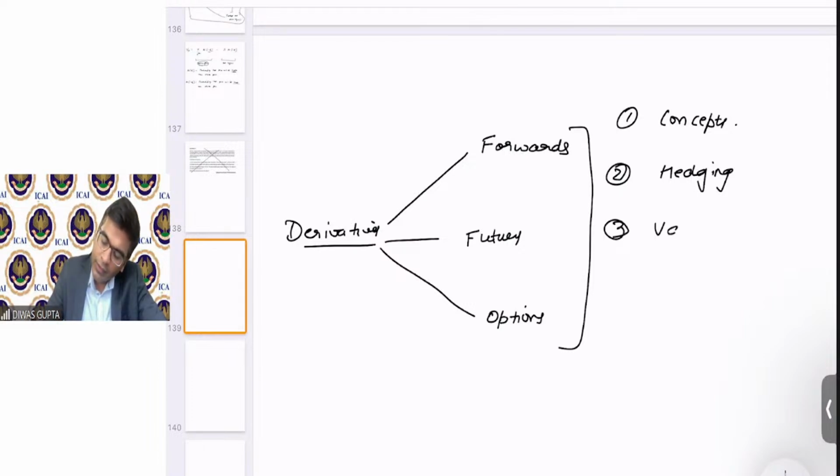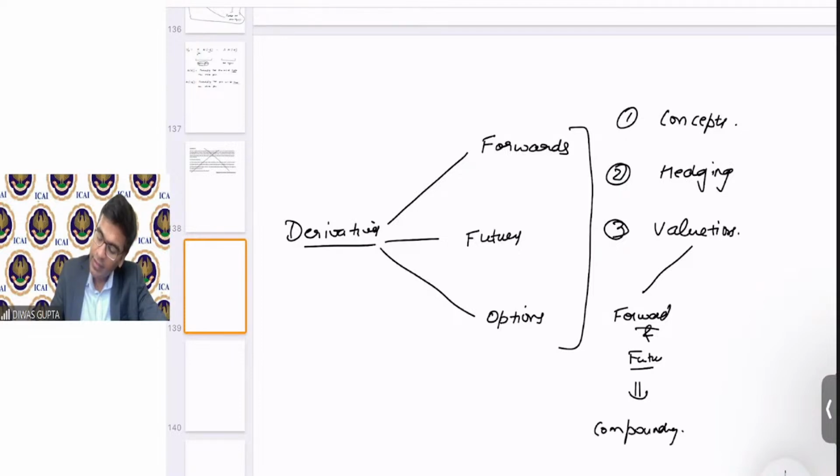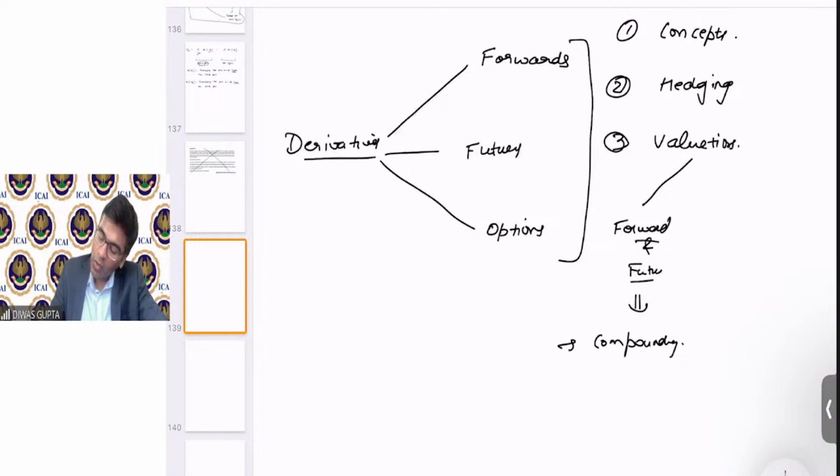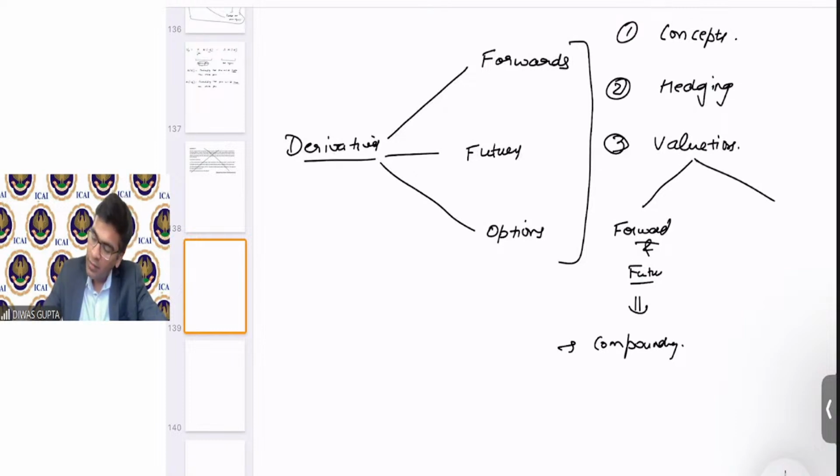Third, we also discussed the valuations. What are the different valuation methods? For forwards and futures, the valuation is all about compounding, taking into account dividend and other things. For options, we discussed the following things.